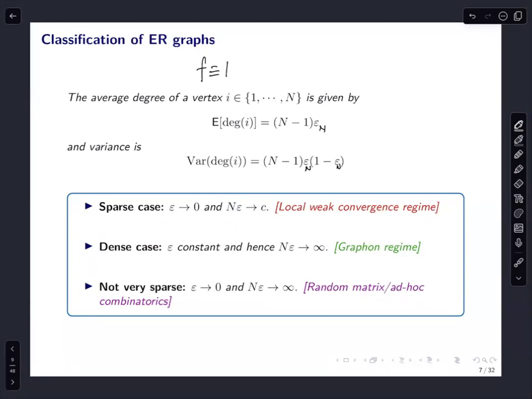Now there are three broad cases. You can make more, but I would like to think of these as the three big ways in which I can look into the spectrum of the random graphs.